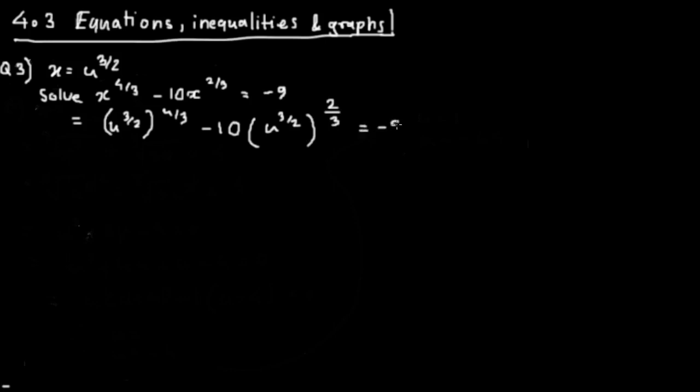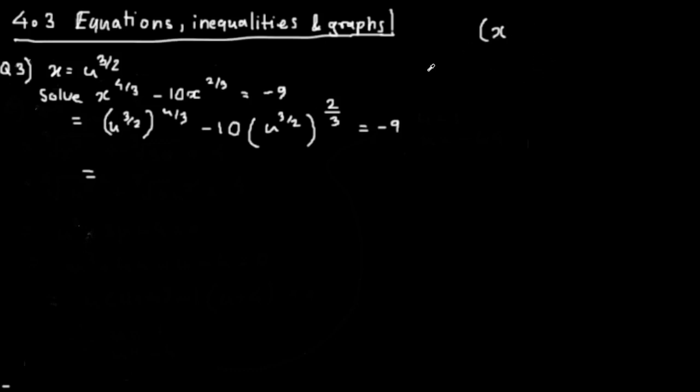equals minus 9. Now from here, if you notice, there is something we can do. So this rule again, x to the y, to the z. This is an exponential rule where we can say that x is equal to y times z, right?